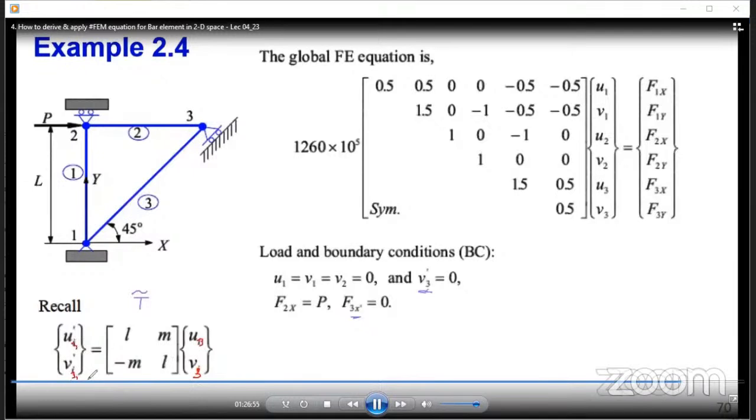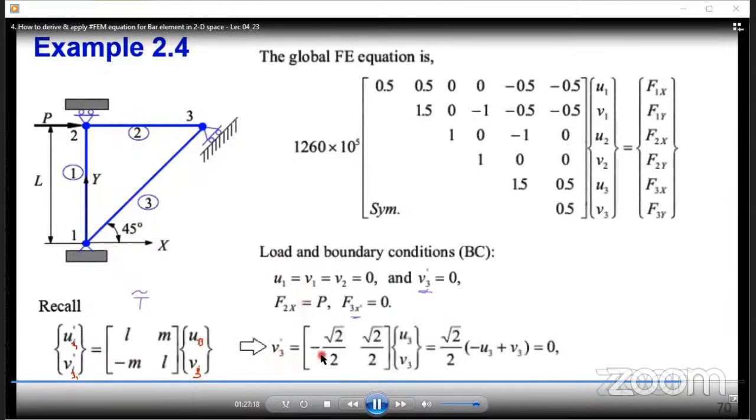And therefore, we can use the second equation, which reads V prime 3 is equal to minus M L times U3, V3. Or in simple terms, which we can simplify further to have U3 minus V3 is equal to 0, or U3 is equal to V3. You see, we have gotten a known condition: U3 is equal to V3.